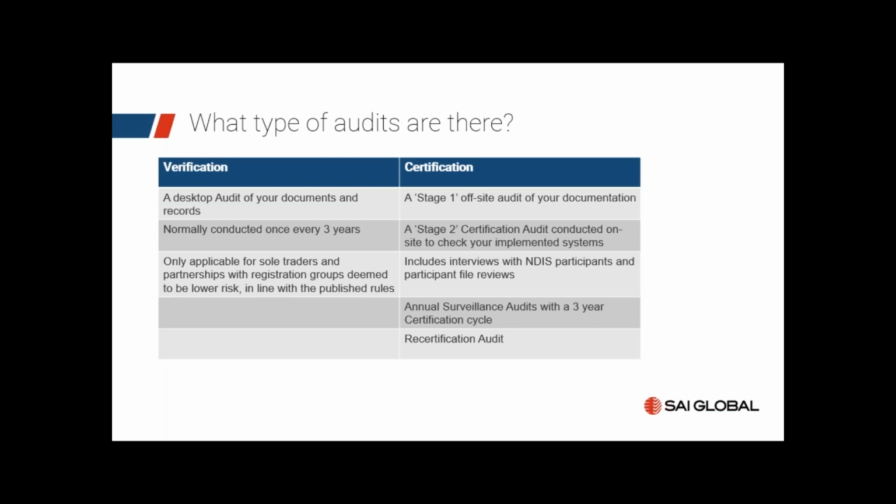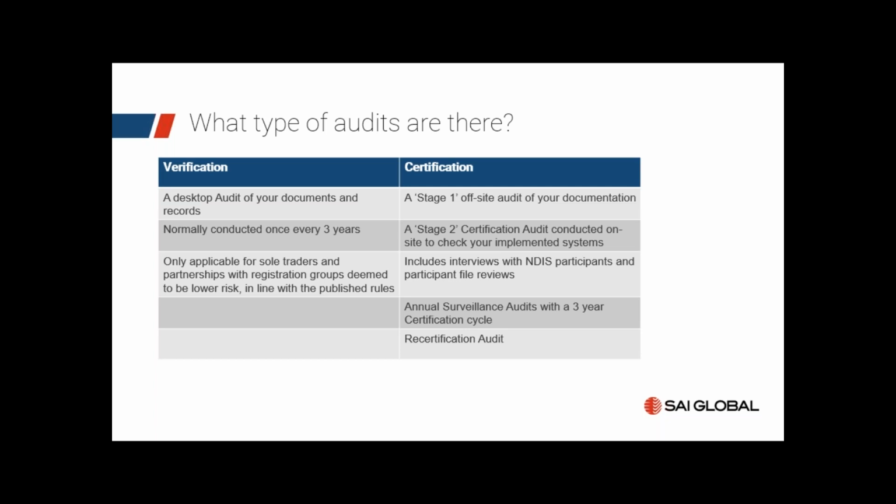So there are two types of audits, and the type depends on what sort of organisation you are and how big the organisation is, and the risk of the registration groups that you're delivering to participants. A verification is performed if you're a sole trader or a partnership, and that is a desktop audit that's only against Module 6 of your documentation and records.